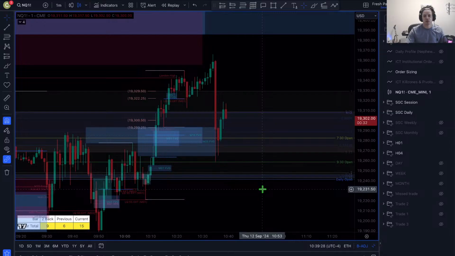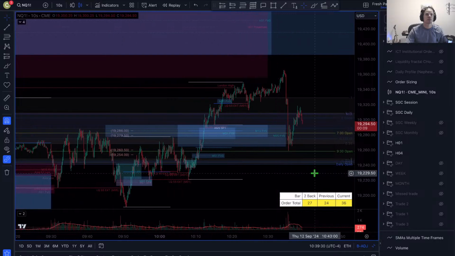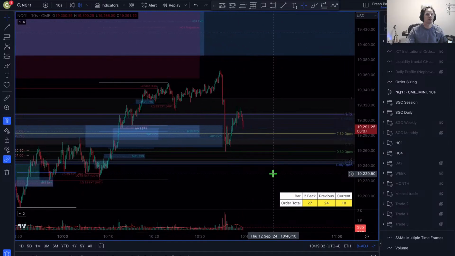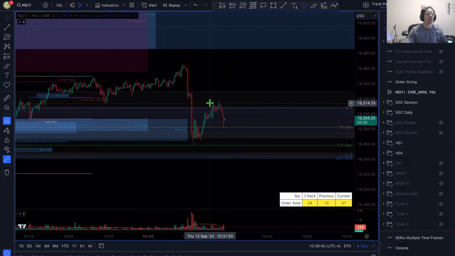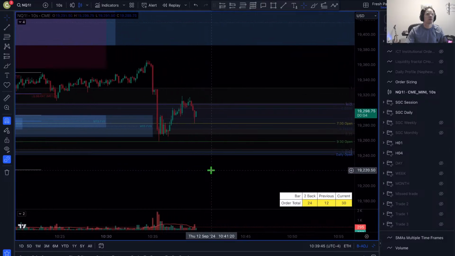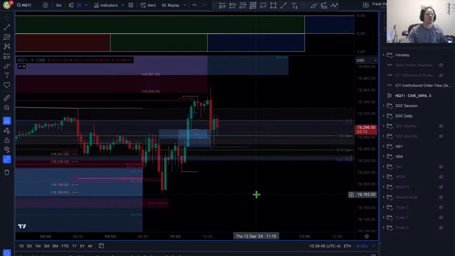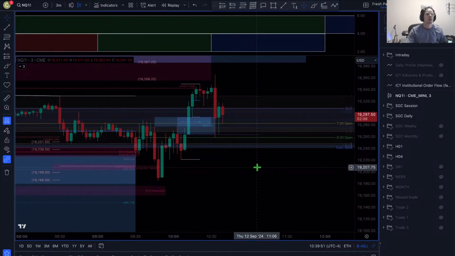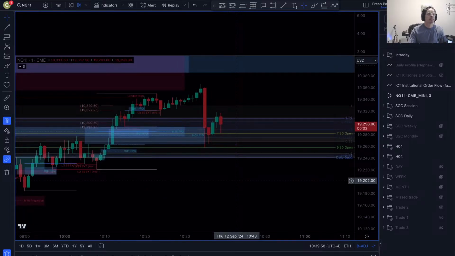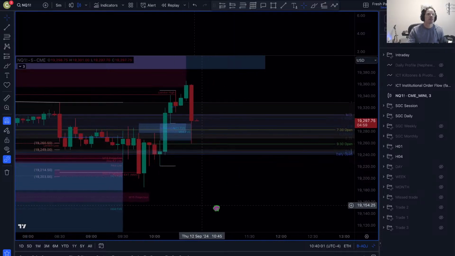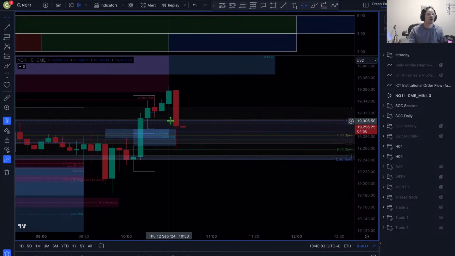I mean, that was wild though, wasn't it? Close there on the S10. No AMS out of there. 5 minute held all those levels, but you haven't really closed below a low.